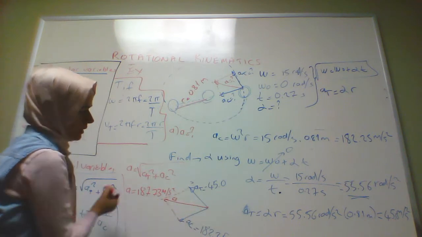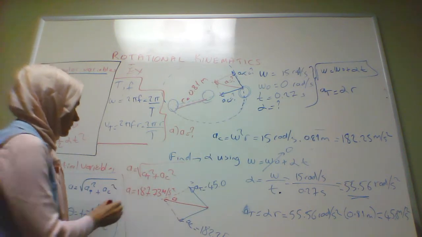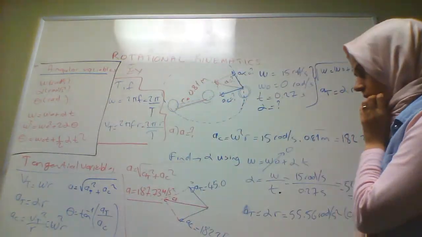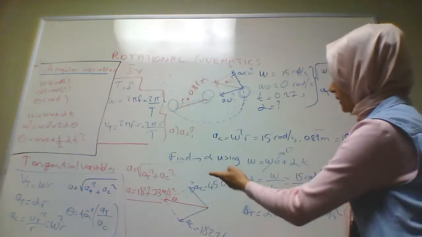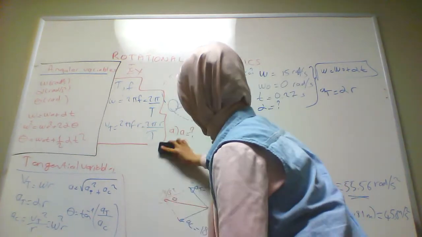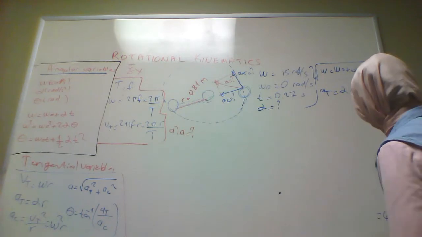Again, we use Pythagorean theorem to find A. Please check that as well to see if it's correct or not, and let me know if there's any error in that. I calculated some time ago. I didn't recheck the calculations, but it should be correct. Please practice and let me know.